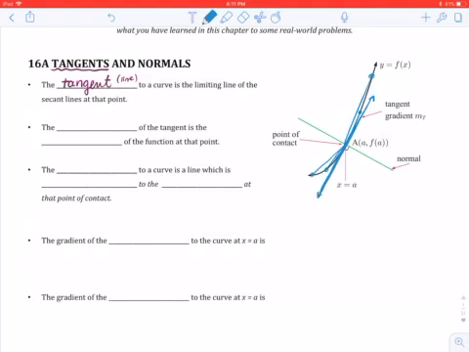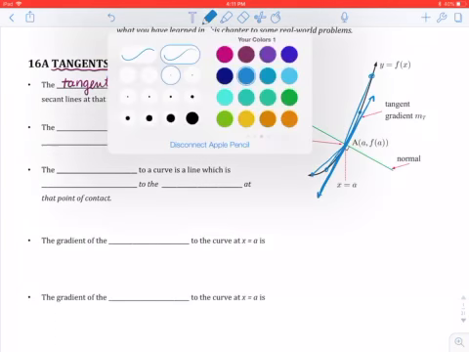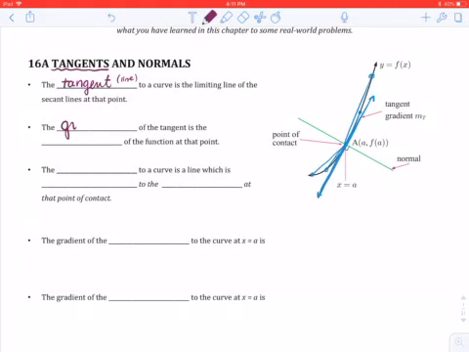The gradient, or slope, of the tangent is the derivative of the function at that point. That's how we define the derivative function. The slope of the tangent is the derivative at this point, in this case at point A.